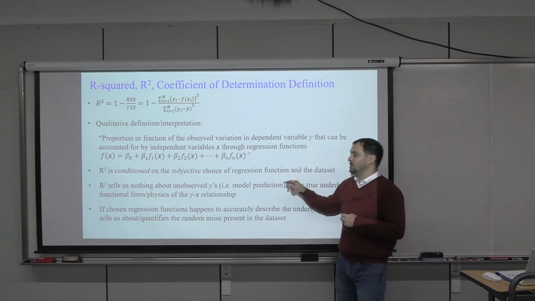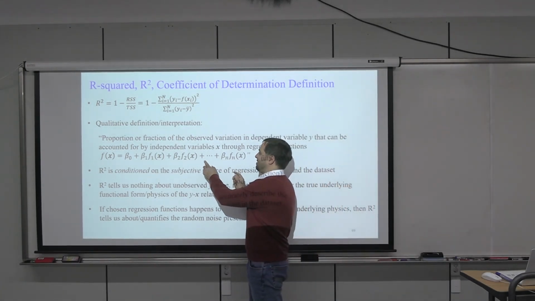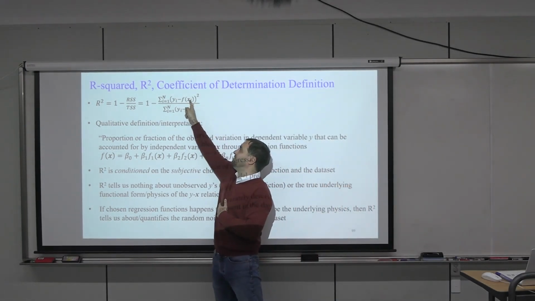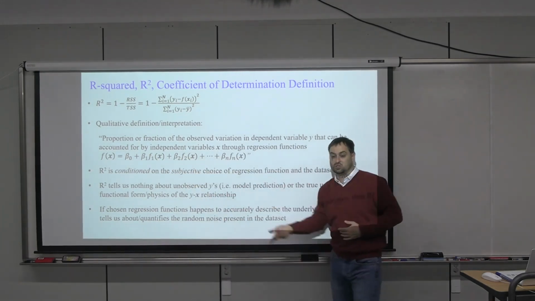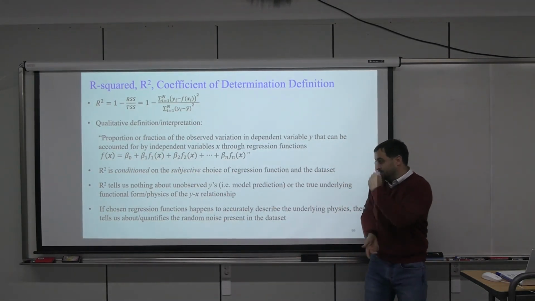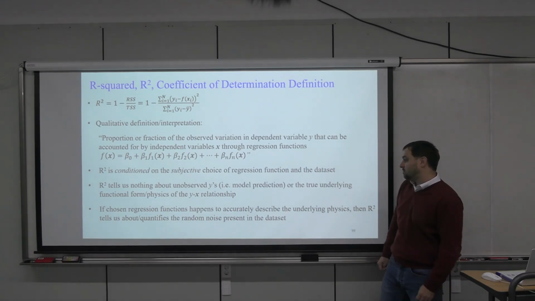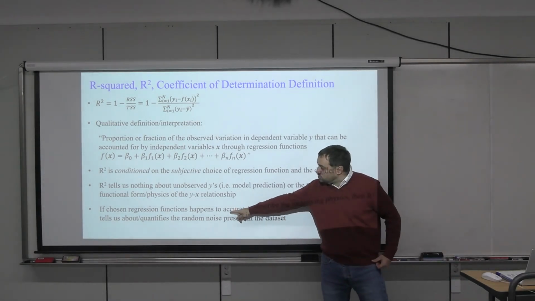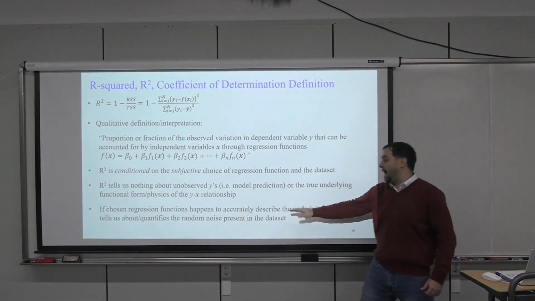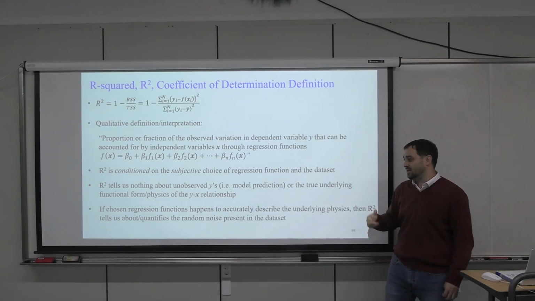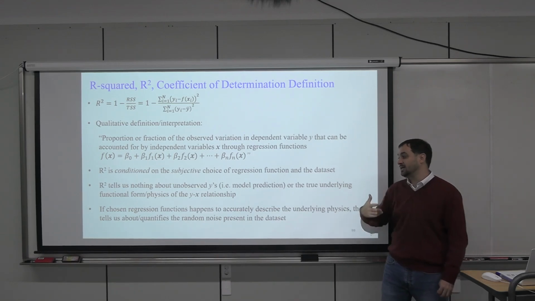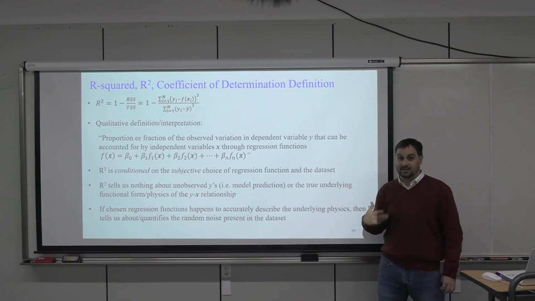R squared only tells us about the subjective choices of these xi's and this model structure relative to the observed yi's. And so if the chosen regression function happens to accurately describe the underlying physics, then the r squared quantifies the random noise present in the data set.